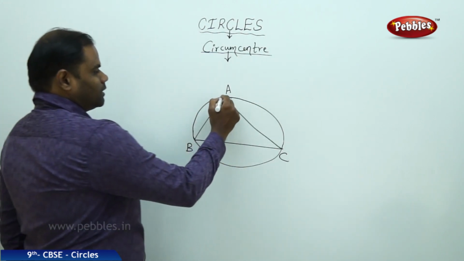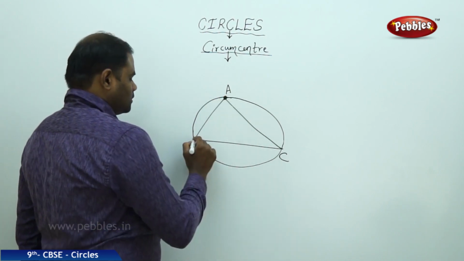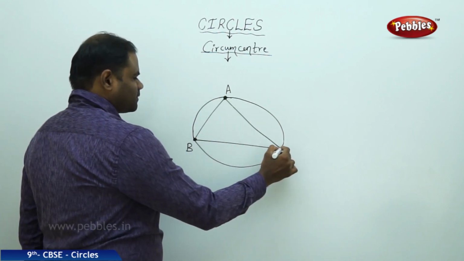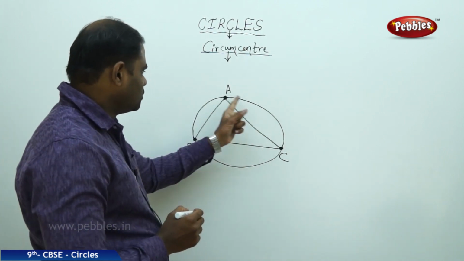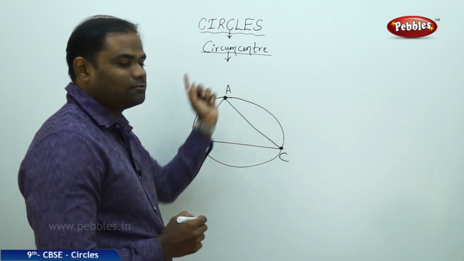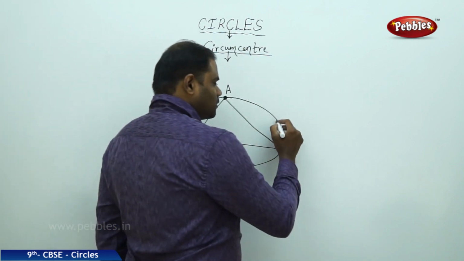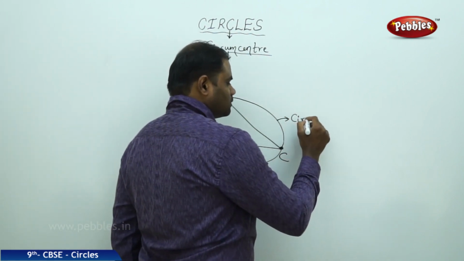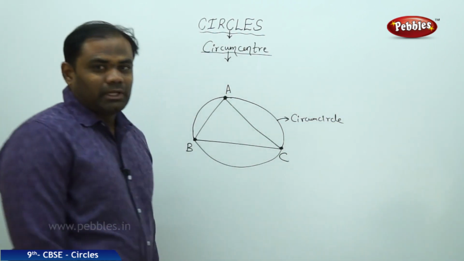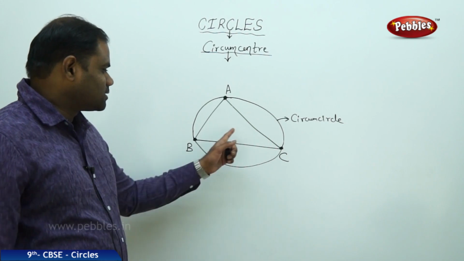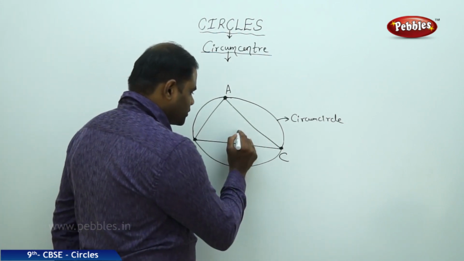Here I have vertex A, vertex B and vertex C. Since this circle passes through all three vertices A, B and C of the triangle, there is no doubt it is a circumcircle. Now clearly we identify the center of this circle as somewhere in this region of the triangle.